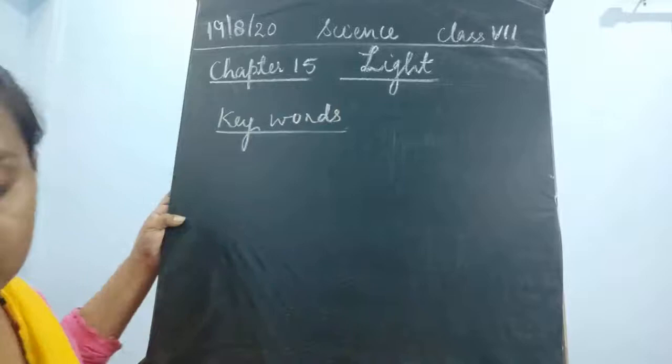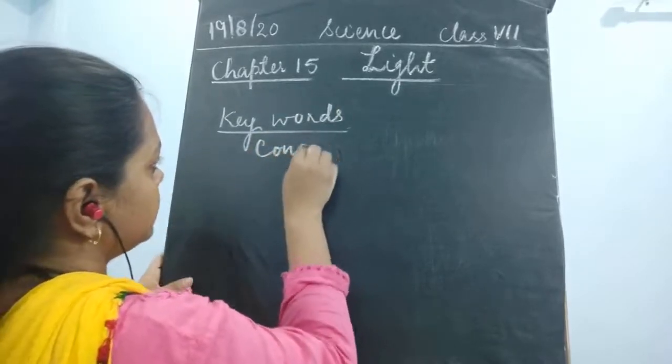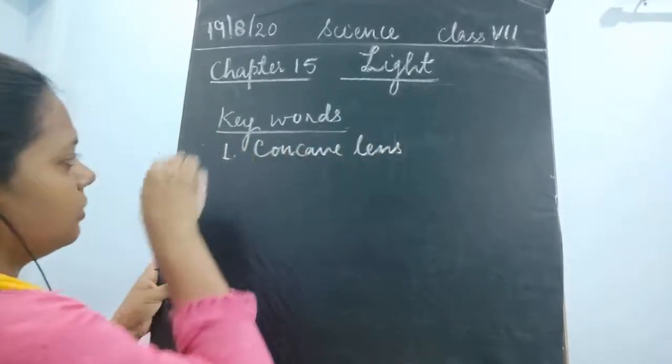So the first keyword is the concave lens. Now what is this concave lens?